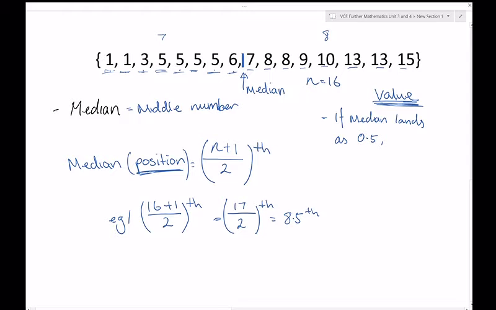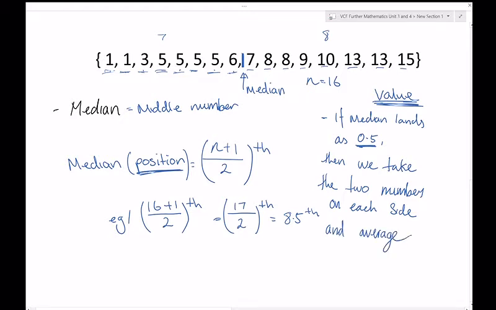So if the median lands on 0.5, so 8.5, 9.5, 10.5, so something 0.5, then we take the two numbers on each side and the average. Okay, so what we're saying is that the median here is actually just the average of the two around it. So it's just the average of 6 and 7.